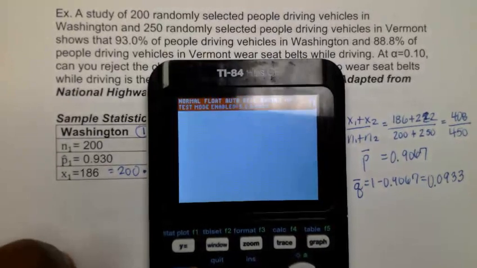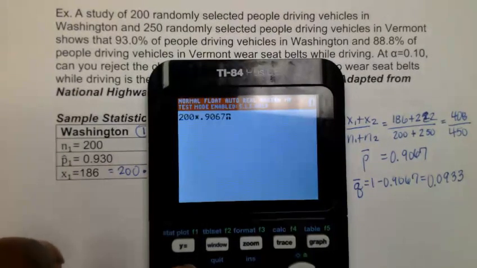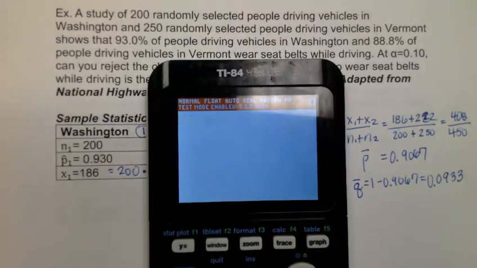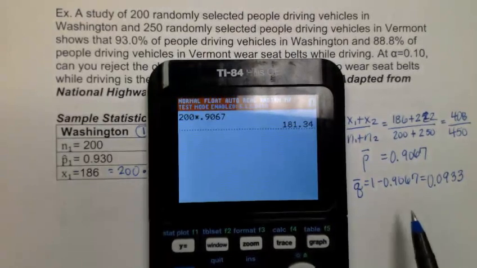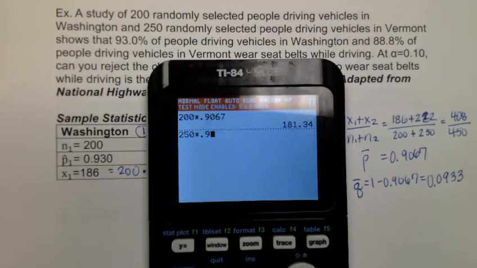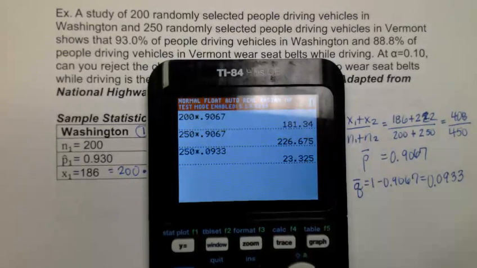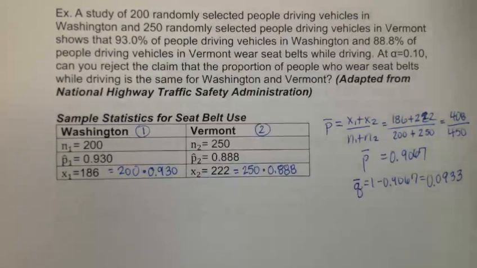Now we do the same thing for the 250: 250 times 0.9067, and 250 times 0.0933. Everything's over 5, so we're good to go.